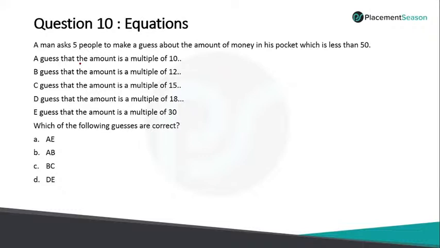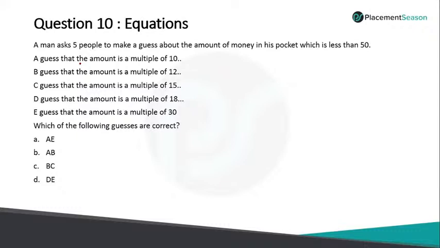I can get 10's multiples under 50, and I will get 30's multiples also under 50. Under 30 we are getting both the multiples. So it is possible or not? Yes, it is possible.